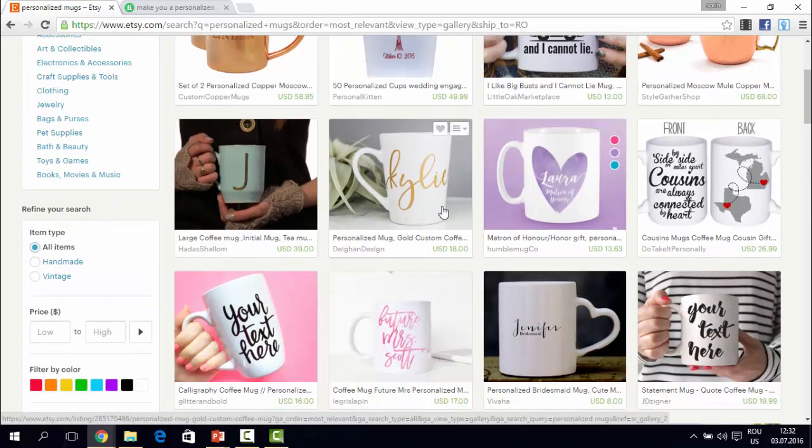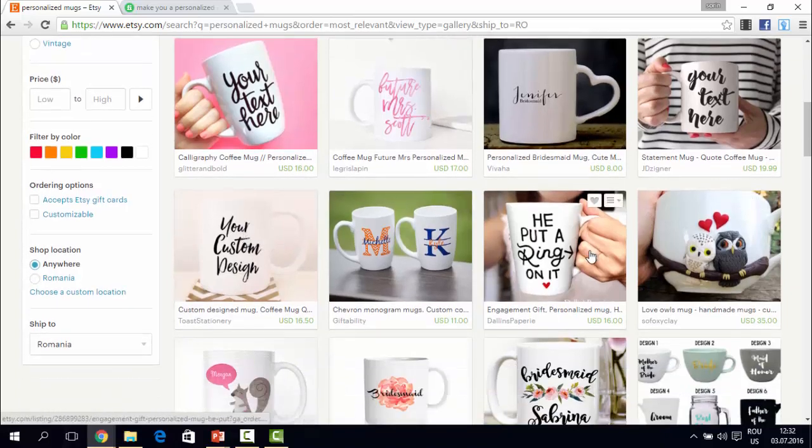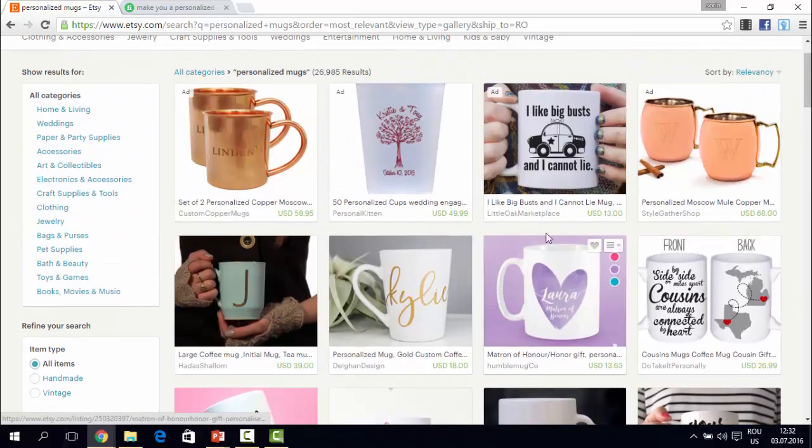Then we have other products: $49, $18, $14, $27. This one is $8 again, but it is very simple, and even for this one you make a profit. You make $3, $16, but each of these products sells, guys. That's what's important. So this is one of the examples.